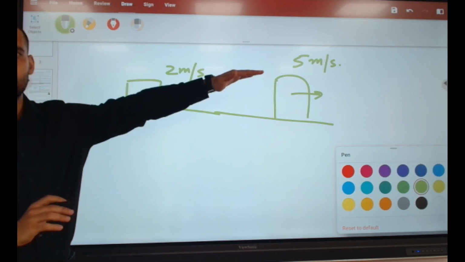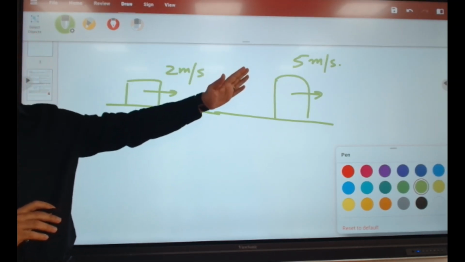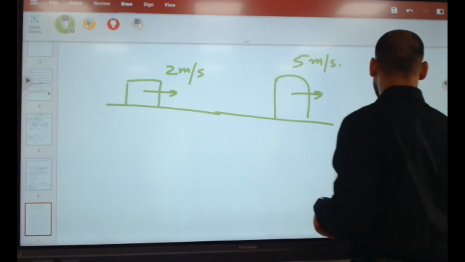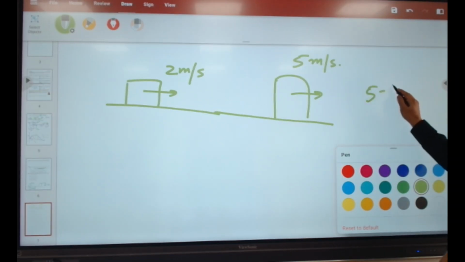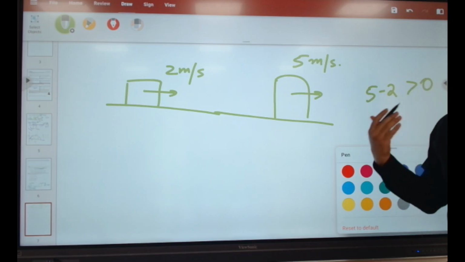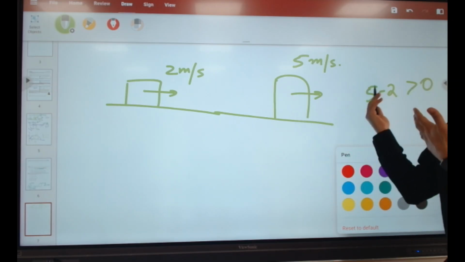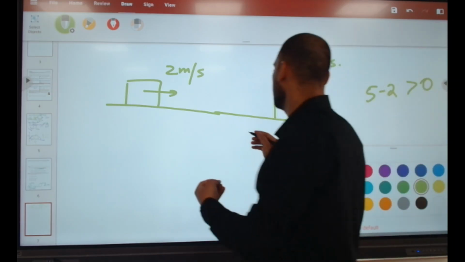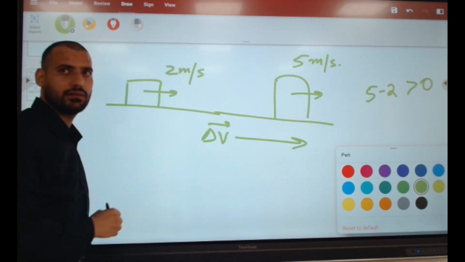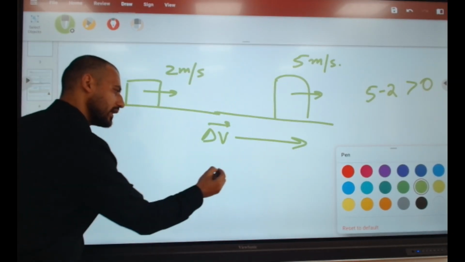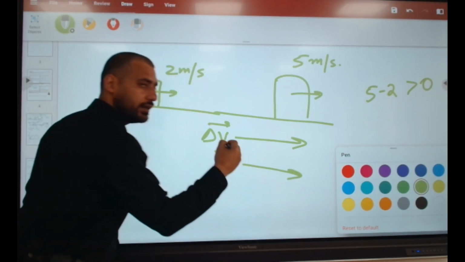The direction of velocity is like this, so you must have applied some force. Understand? The change will be final minus initial, so that will be 5 minus 2, isn't it? Is that positive? Because it is positive, the change in velocity is positive. Change in velocity is positive means the change in velocity has a direction eastwards. Is that clear? Therefore, acceleration will also be eastwards.